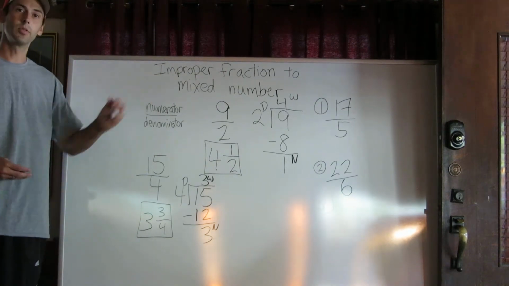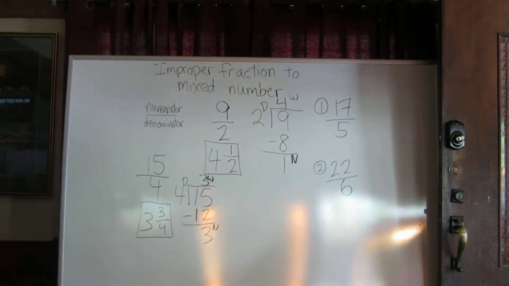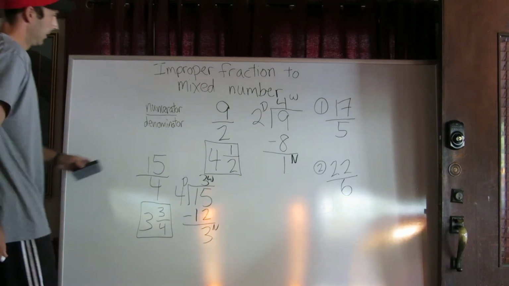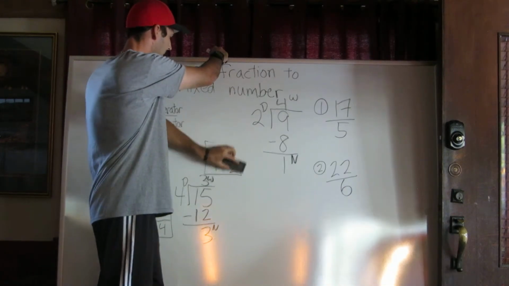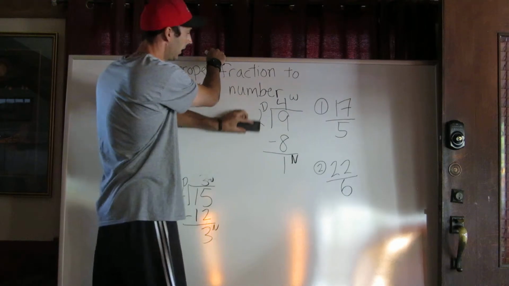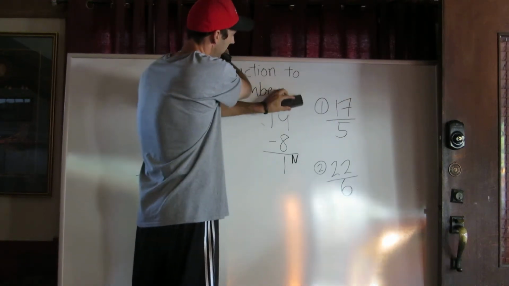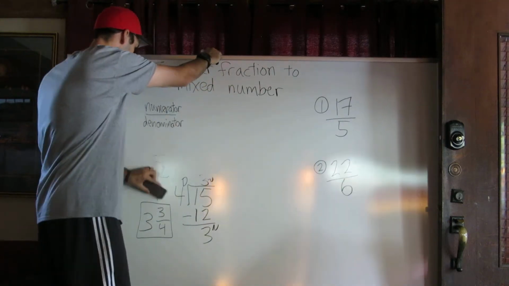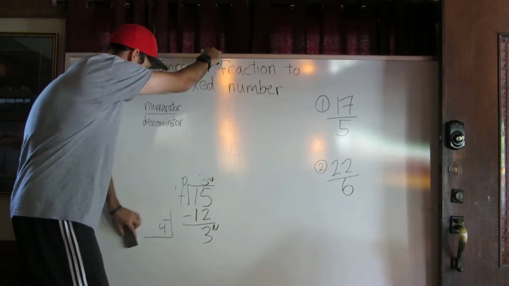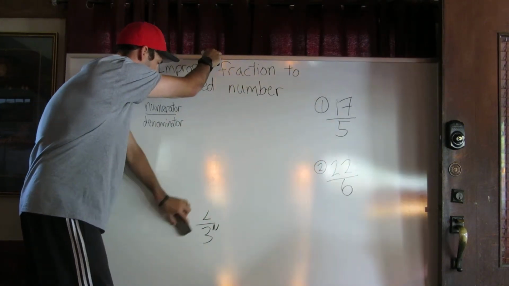I'll erase and leave room to start our work. Remember, at any time, you can pause the video, finish your work, unpause it, and you should be right at the point where the answers will be showing up.